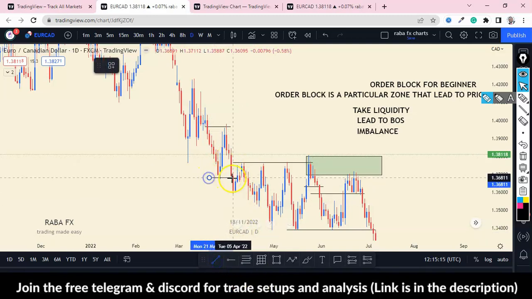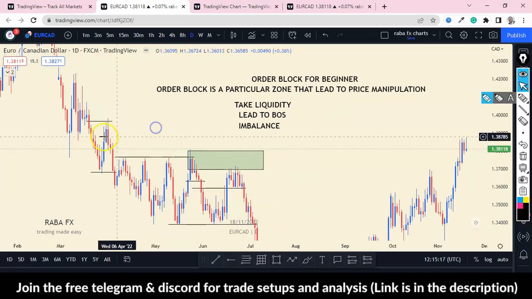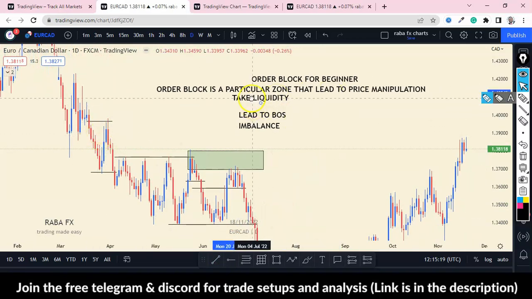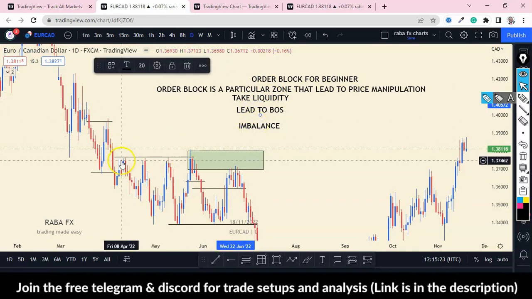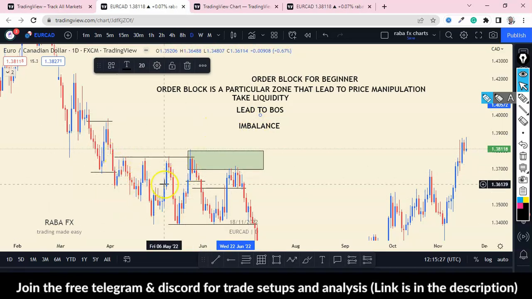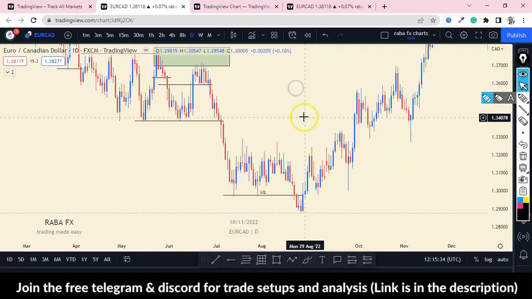So as you can see, this has met the first criteria, taking liquidity. The second one, it led to a break of structure. The third one, it created imbalance. You can see we have imbalances here. So it makes sense if price came back in, taking out this inducement for price to go lower.